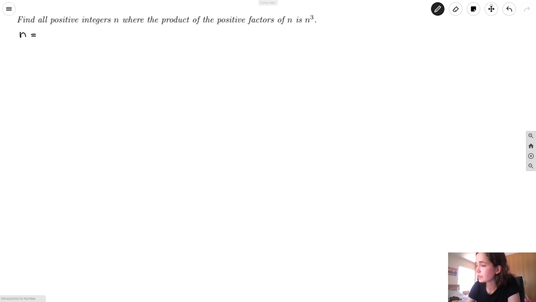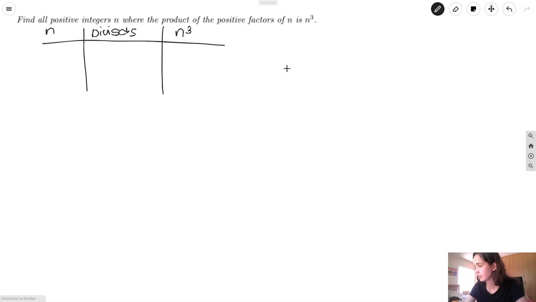So let's see, n equals 1. Let's write this. So divisors, this is n, and this will be n to the power of 3. Say n was 1, divisors would only be 1, n to the power of 3 would be 1. This works. If n was 2, the divisors would be 1 and 2. n to the power of 3 would be 2 to the power of 3, so 8.